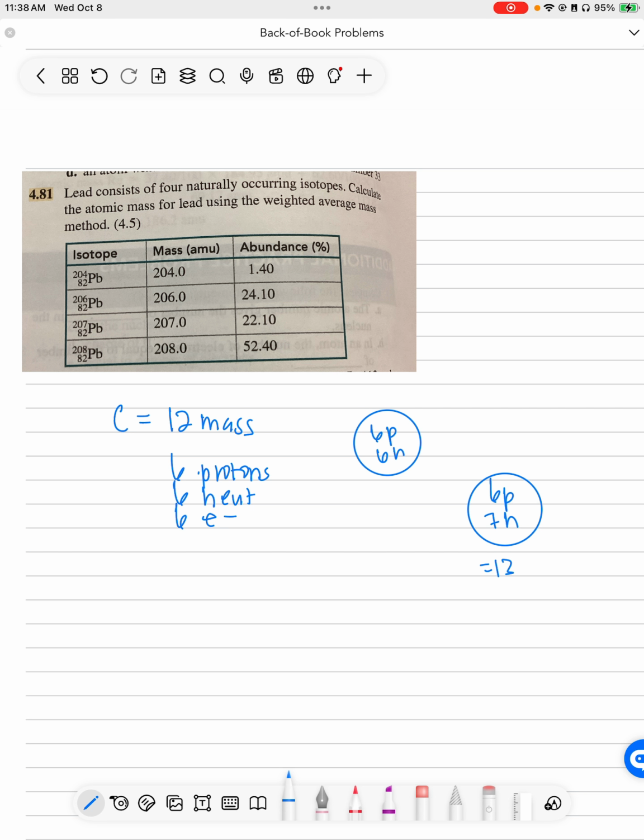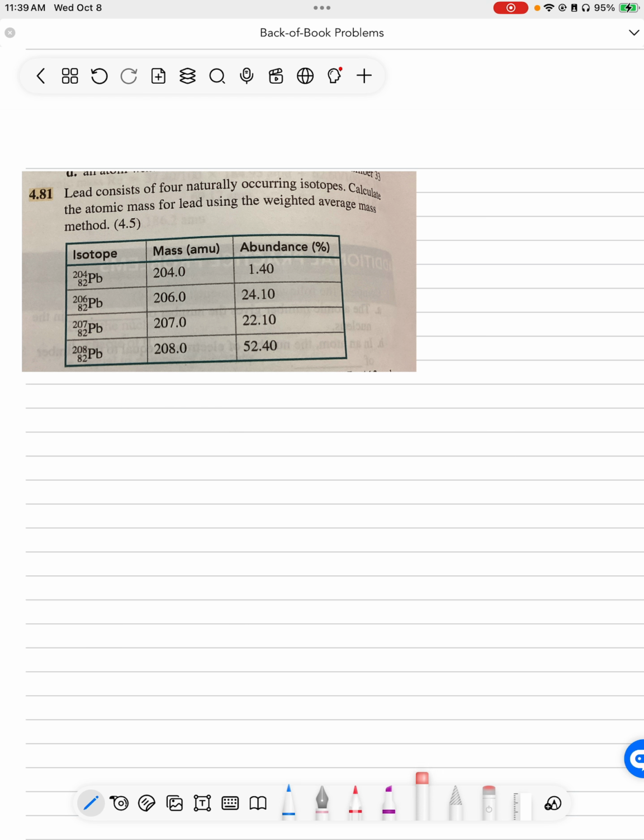So we are going to use the percent abundance in this chart that we have here for lead, and we are going to figure out what the average for that is going to be. So the average weight for lead.